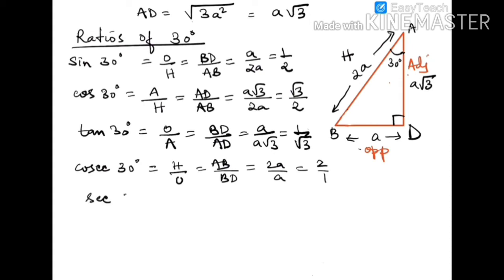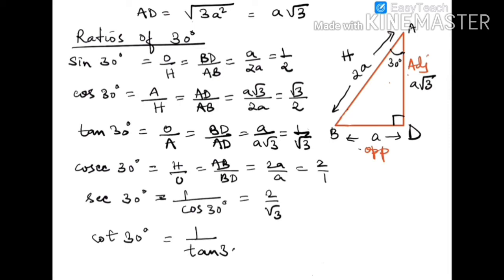So sec 30 degrees will be 1 upon cos 30 degrees, that is equal to 2 upon root 3. And cot 30 degrees will be equal to 1 upon tan 30 degrees, which is equal to root 3 upon 1. So these are the values of 6 trigonometric ratios for 30-degree angle.